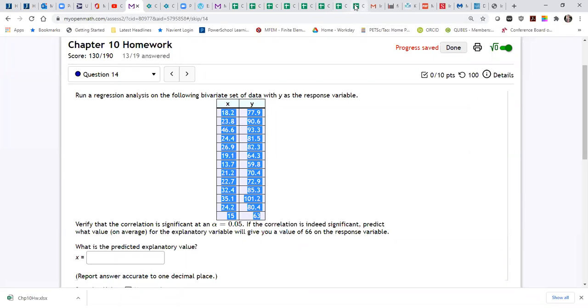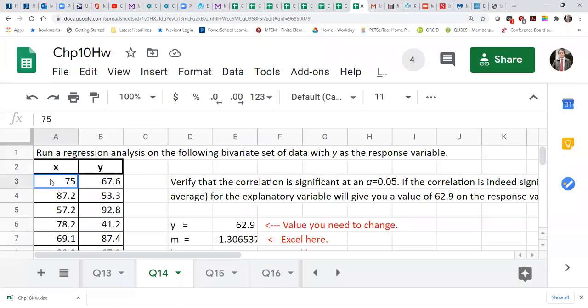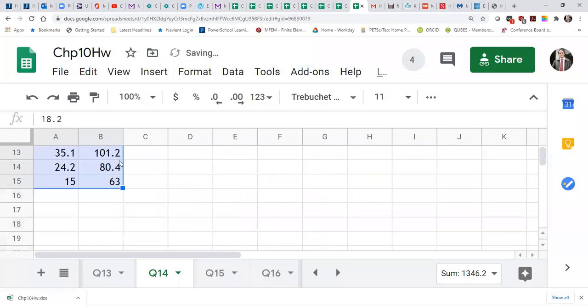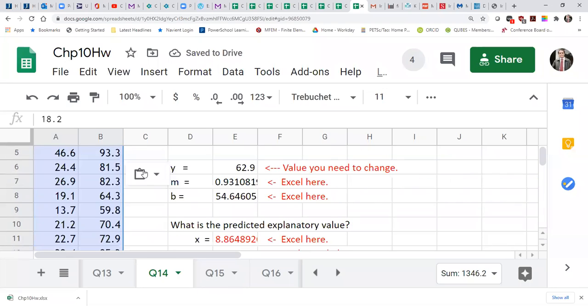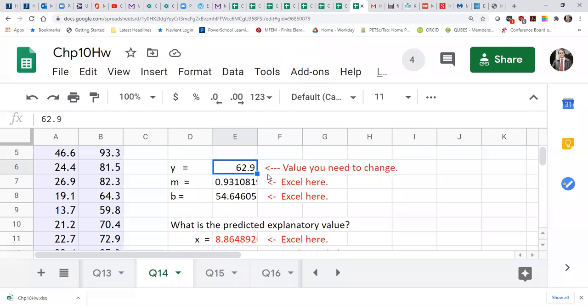So this is number 14. Paste it here, right click, paste. In this case, the y is 66.